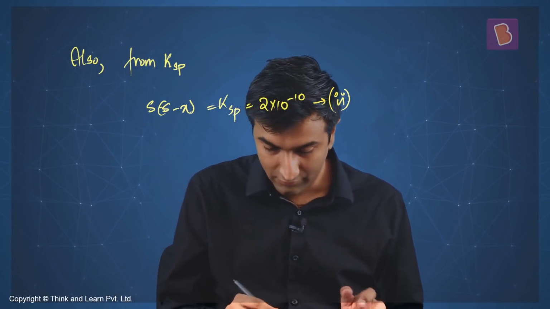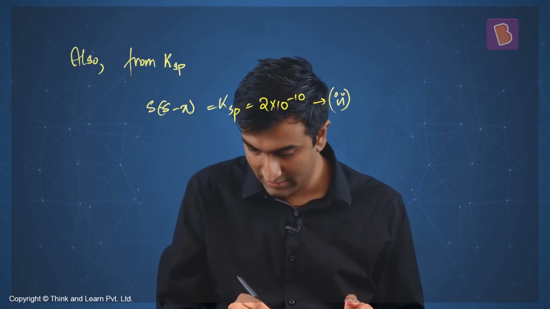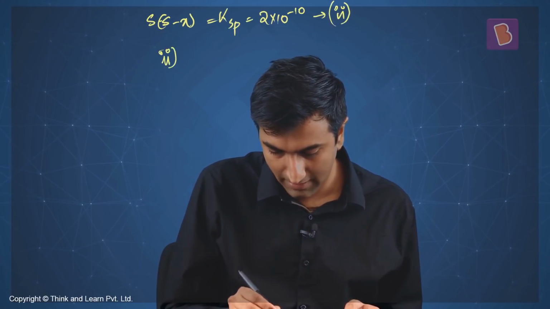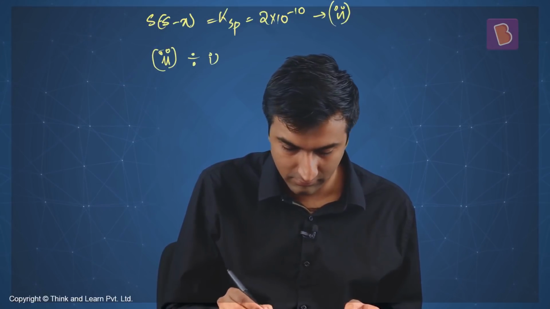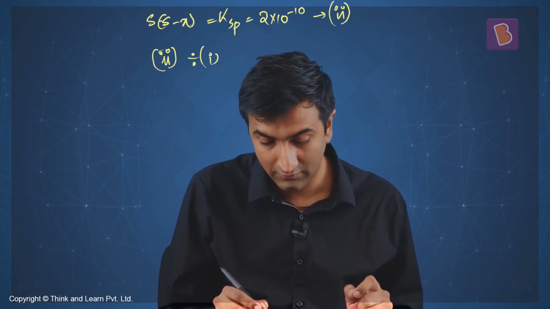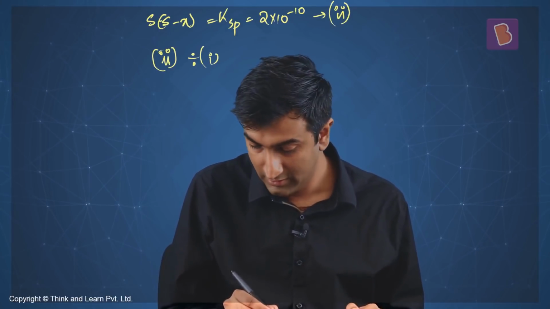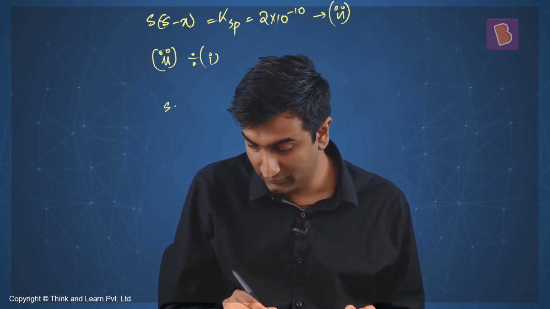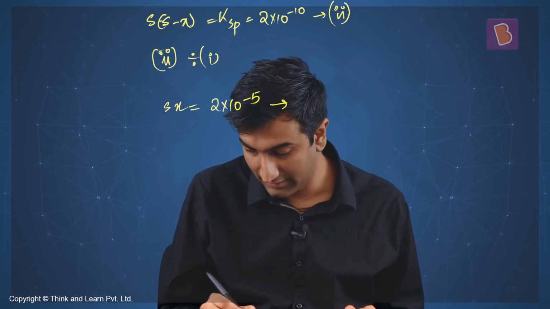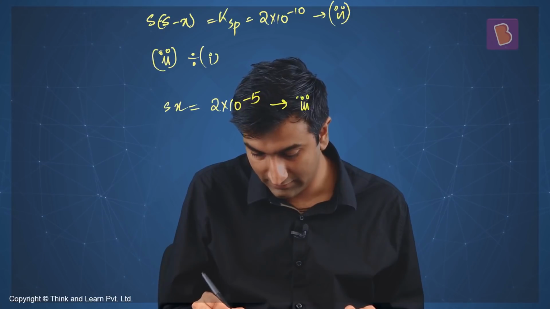Now all I have to do is divide the second by 1, because we figured out the number of equations and variables is the same. So if I divide 2 by 1, I'm going to be able to solve for S, which is my main goal over here. So SX was equal to 2 into 10 power minus 5. That's what I get when I divide 2 by 1. Let me write this down as 3.